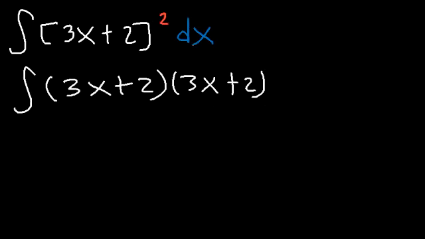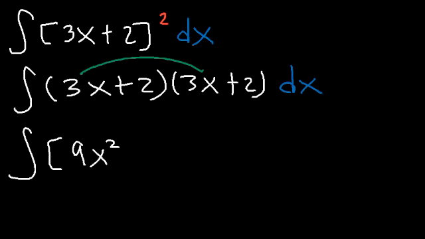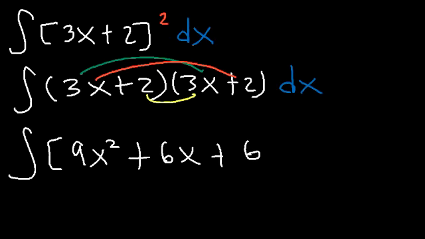You have two 3x plus 2's multiplied to each other. So if we FOIL it, 3x times 3x is 9x squared. And then 3x times 2, that's 6x. And also, 2 times 3x is also 6x. And 2 times 2 is 4.